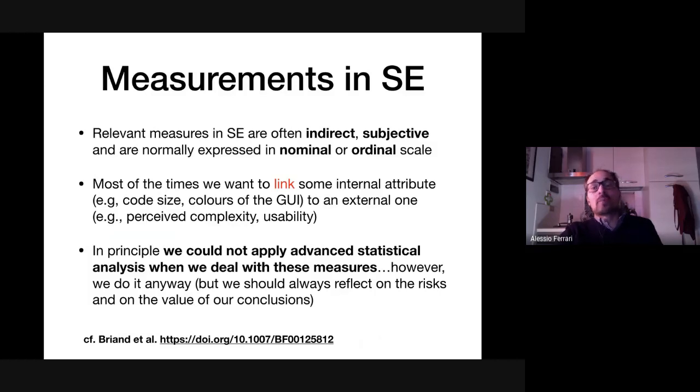So they are not so powerful, because you are always asking some people to do some evaluation. Even the statistics that you can do are limited.